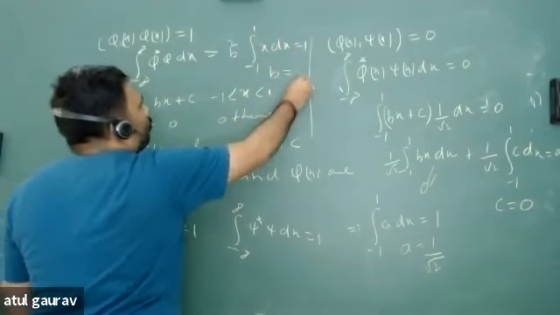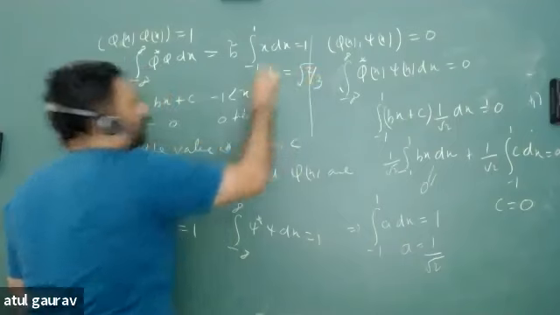So b is equal to, I think, root 3 upon 2.